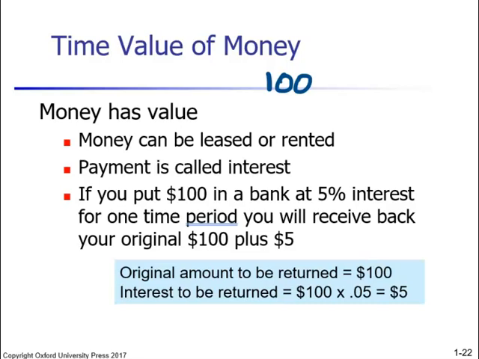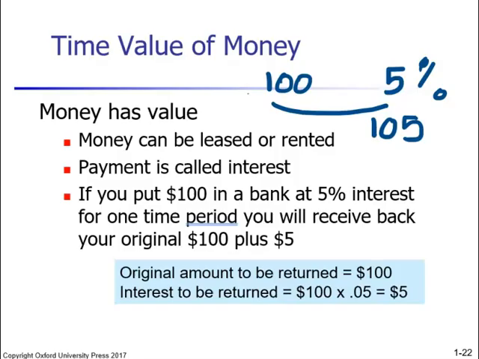You will receive 5% interest. So it means that you give them $100 at the beginning of the period, and at the end of the period you receive $105, because they also pay you $5 in interest.